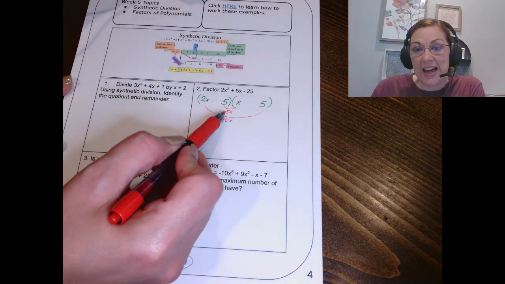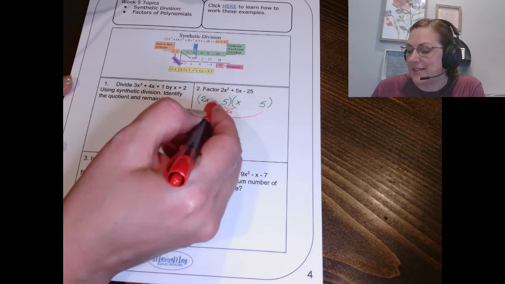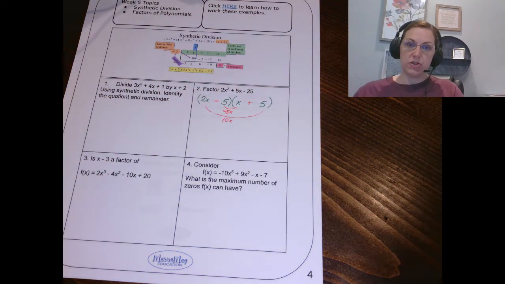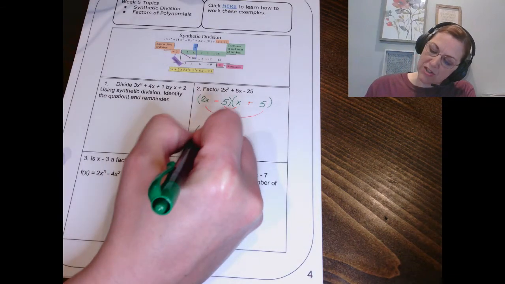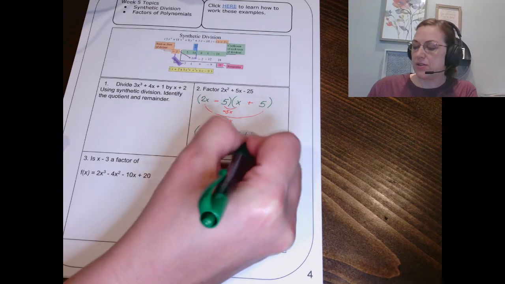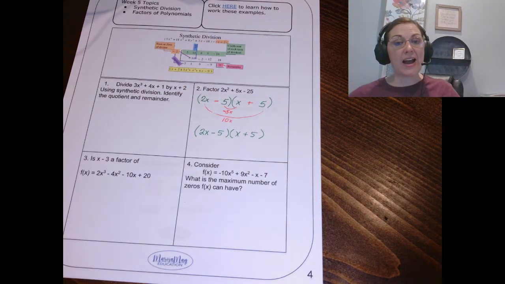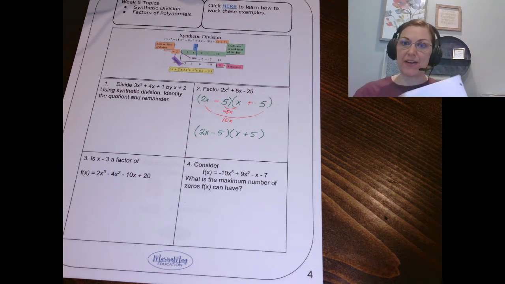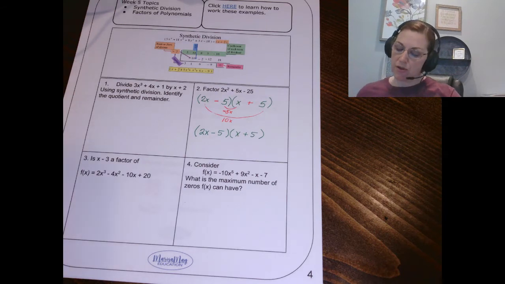In order for that to be negative, there has to be a minus sign here and a plus sign there. So now I get 2x minus 5 times x plus 5 as my factored form of this. Practice with your factoring. The only way to get better at factoring is to practice all of those.